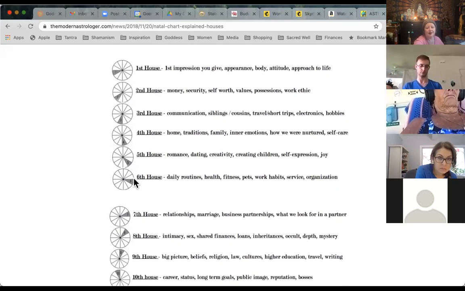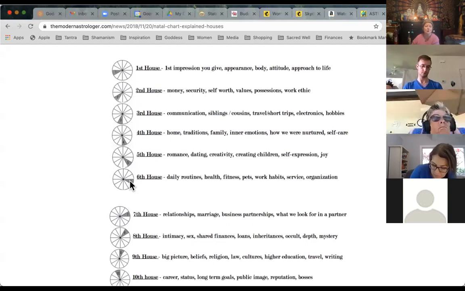In the 6th house, which is at the 4 o'clock position on the clock face, this is what I consider to be our career card, short-term aspirations, who we want to be in terms of our achievements and accomplishments. Those can be of a financial nature. They can be related to reputation or work.